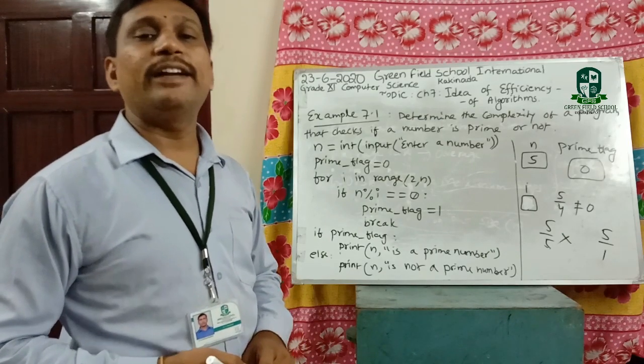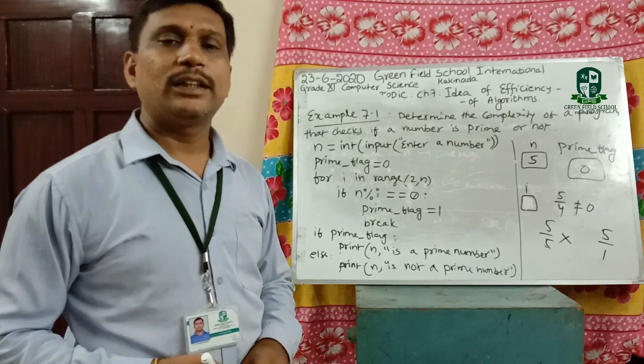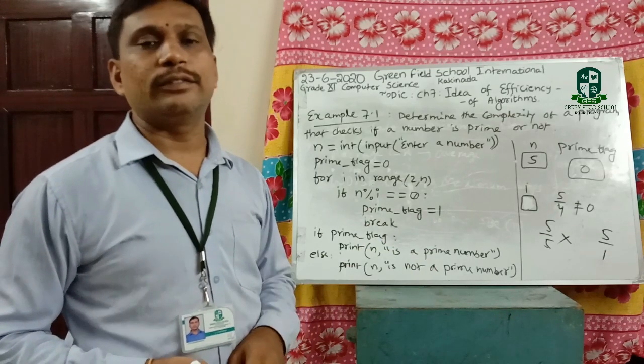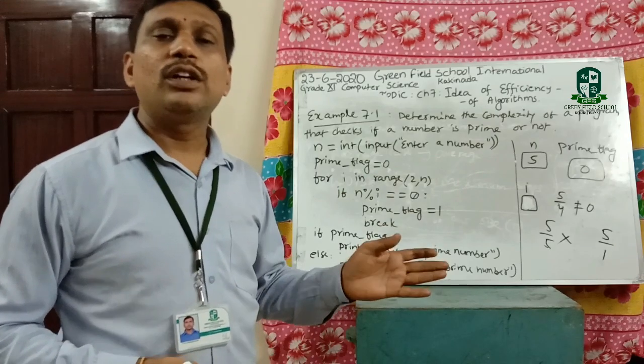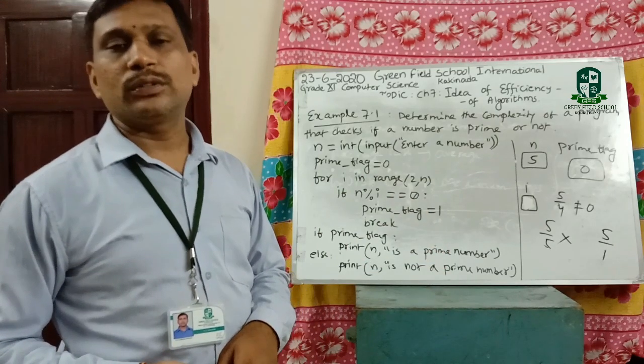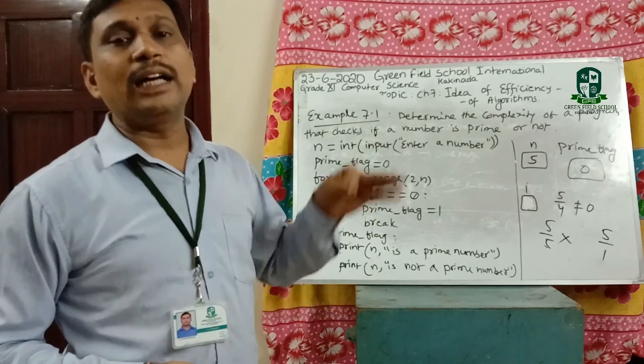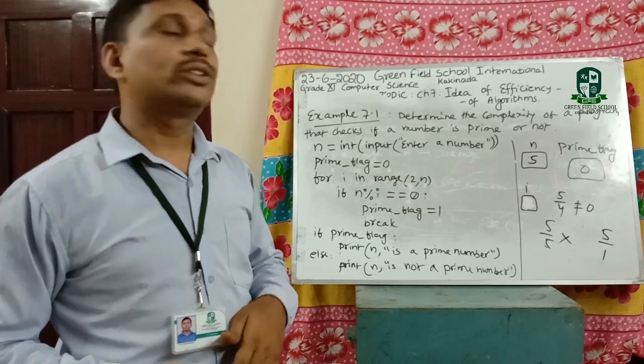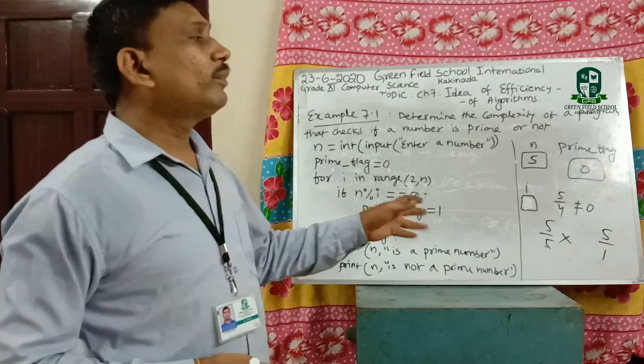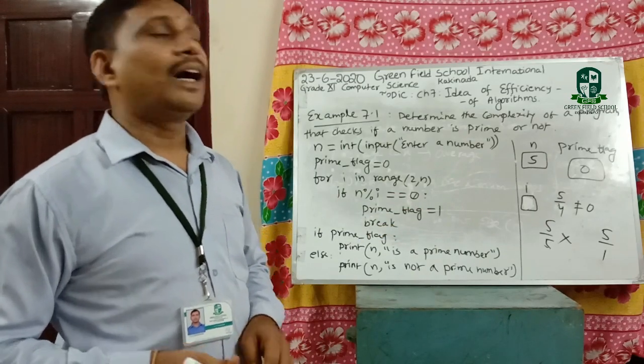Why? Because 5 has only 2 factors. We do not consider 1 and 5. For the remaining numbers, 2 to 5 minus 1, that is 4, we compare with 2, with 3, with 4, not with 1 and not with 5.